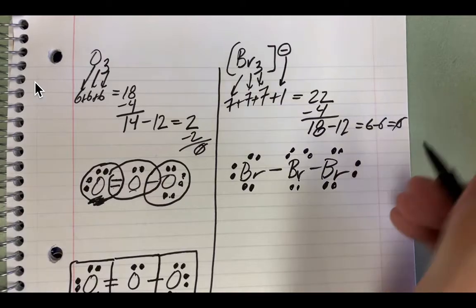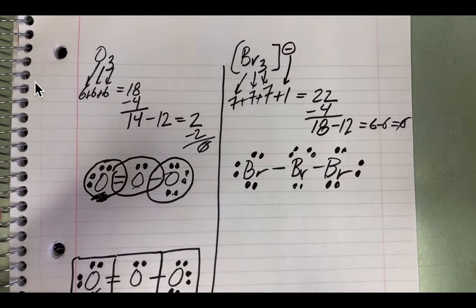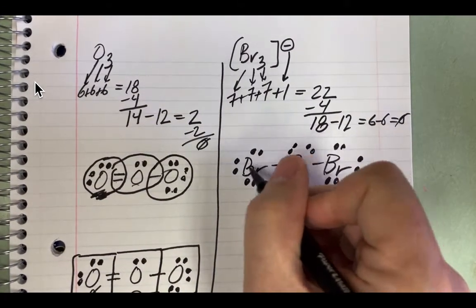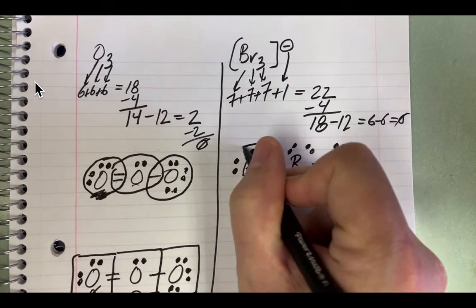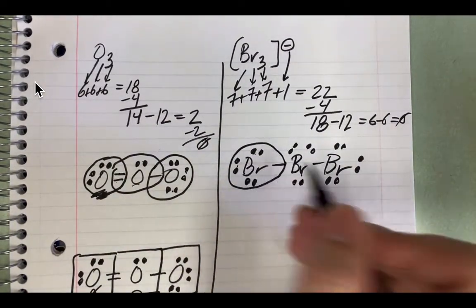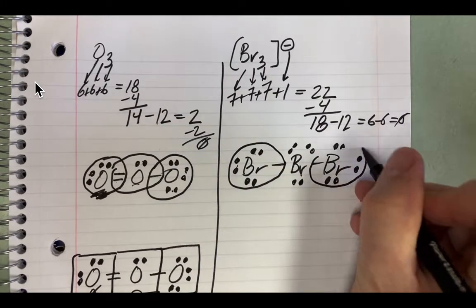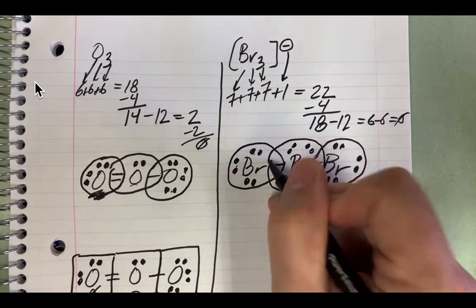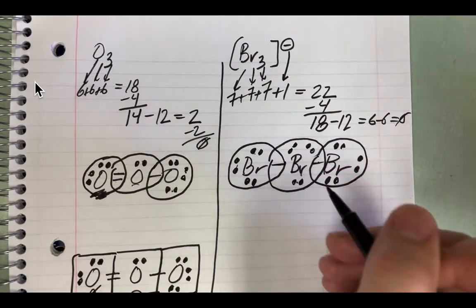Okay, and now I've used all my valence electrons. This is strange, but okay. So the leftmost bromine here has 8 electrons, 2, 4, 6, 8. The right one is the same, 2, 4, 6, 8. The middle one, however, has 2, 4, 6, 8, 10.